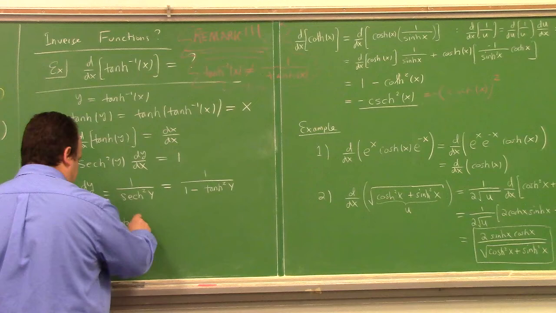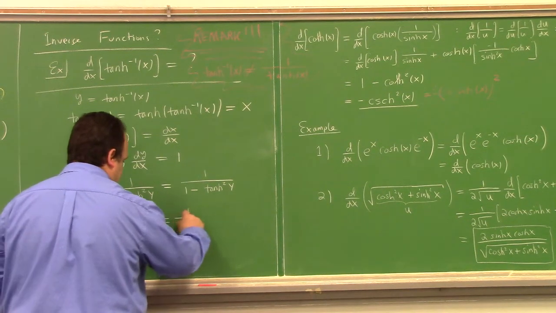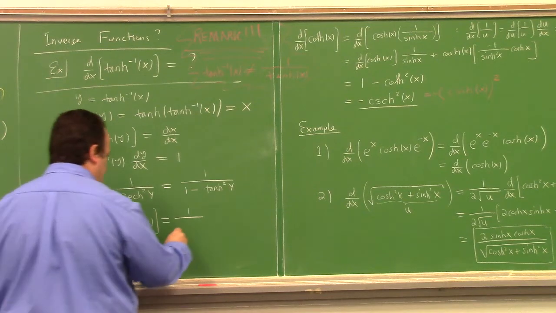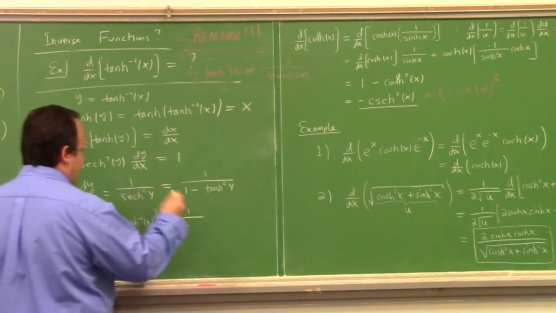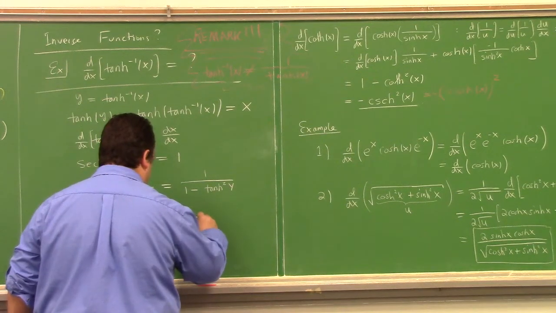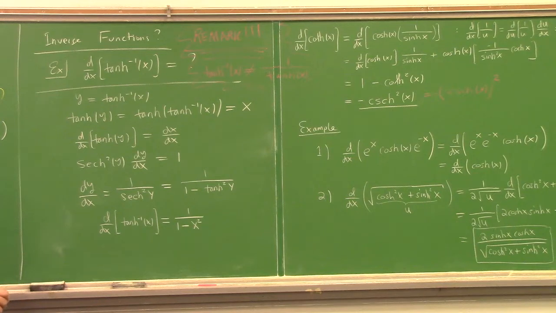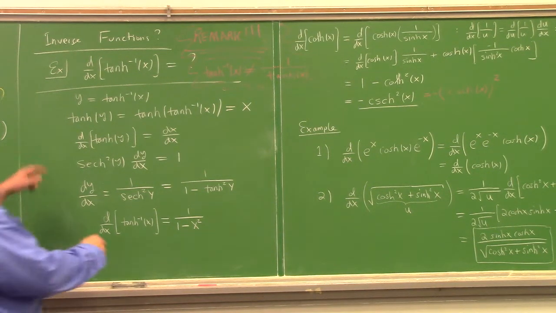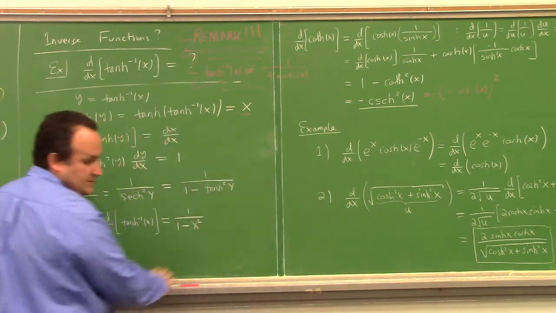So the derivative of inverse hyperbolic tangent of x is equal to 1 over 1 minus x squared. So we use the x like that. Yeah, up here we have tangent of y.